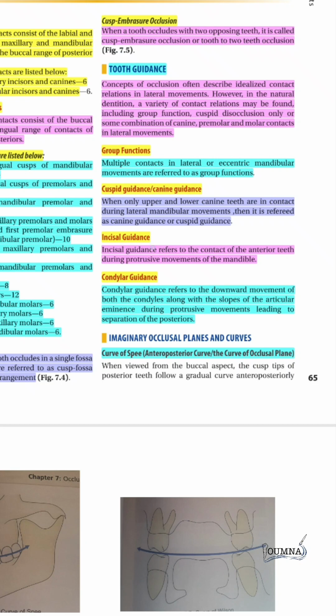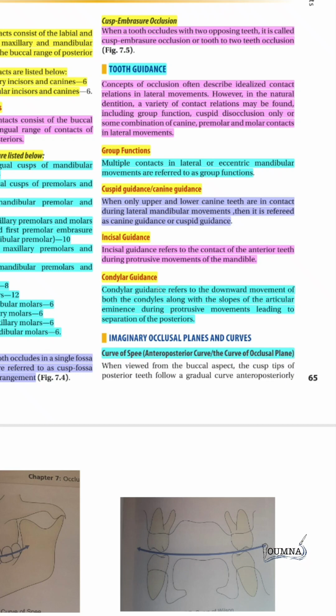The incisal guidance happens in the incisal region when there is a contact between the anterior teeth during protrusive movements of the mandible. So in protrusive movements, we have the incisal guidance. In lateral movements, we have the cuspid and the group function, with movement of multiple teeth, especially the posterior ones.